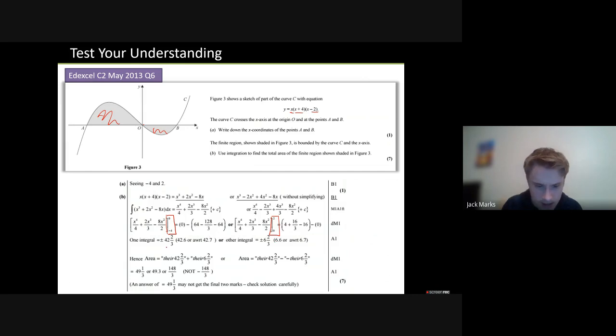We should get 42 and 2/3 and 6 and 2/3. You'll probably get a positive here and a negative based on the way that you've done it.